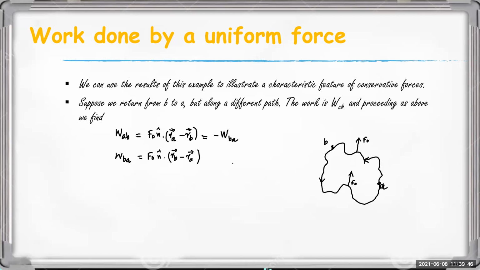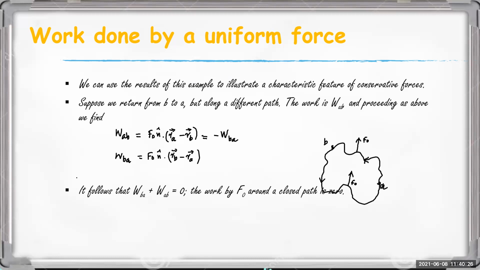Then what will be the total work done? That means the work around a closed path. That is, we say that the particle is moving from A to B and then returns back to A through a different path. Then the total work done must be equal to what?